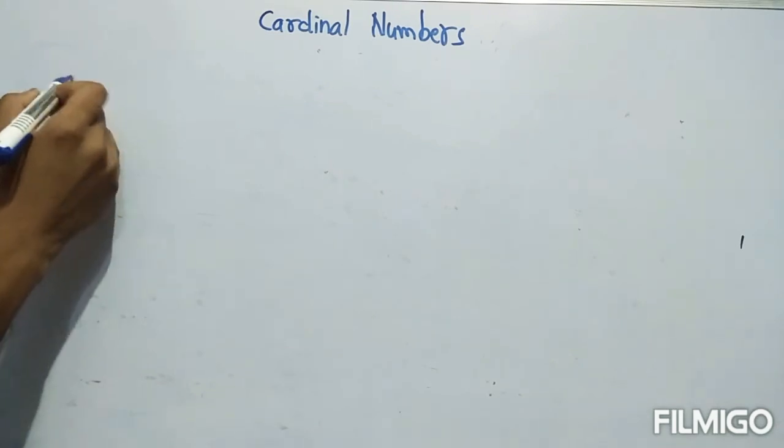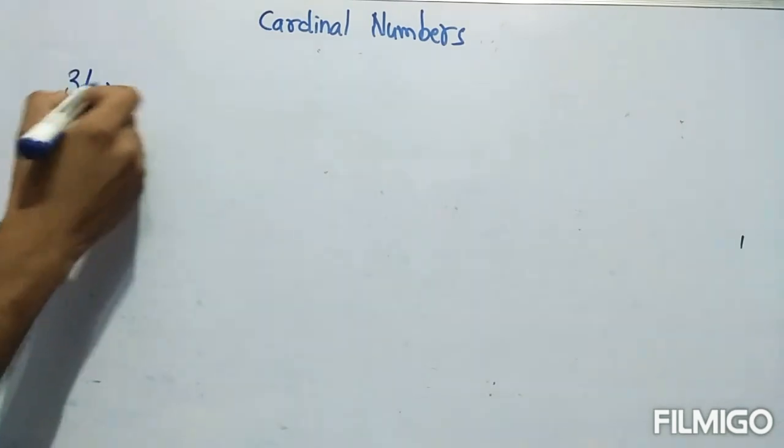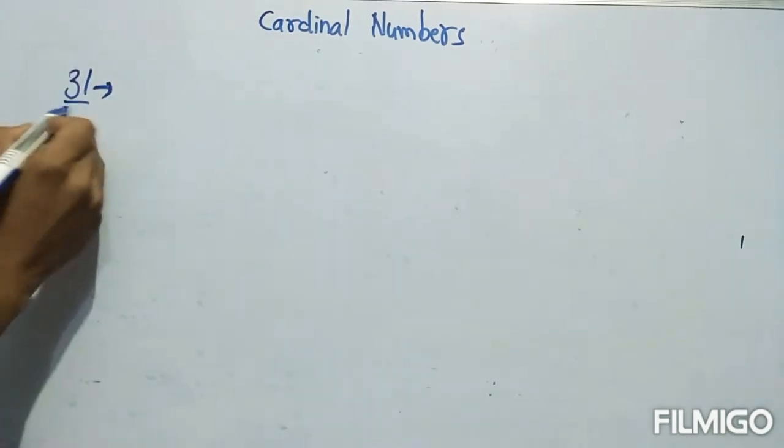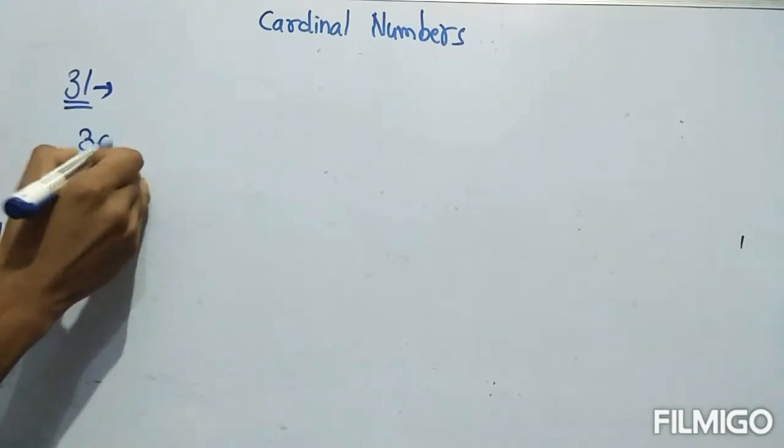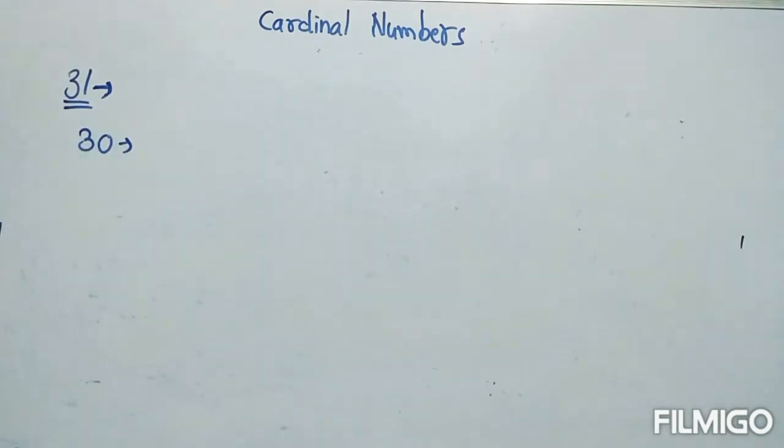Next is 31. How do we write 31 in German? First we know that 30 is dreißig.